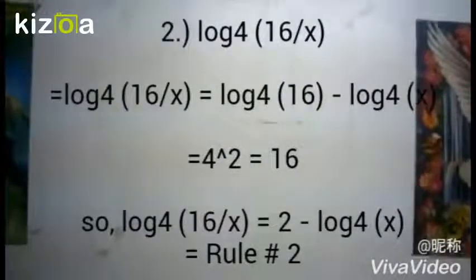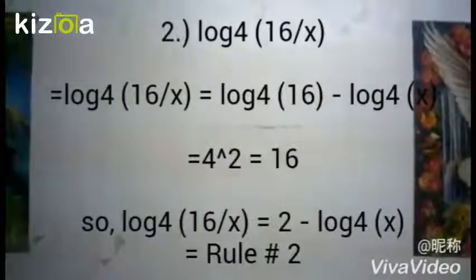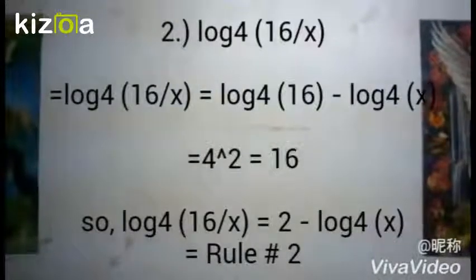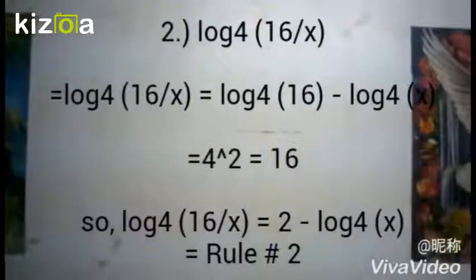In other words, since 4 squared equals 16, the logarithm of 16 divided by x to the base of 4 equals 2 minus the logarithm of x to the base of 4.